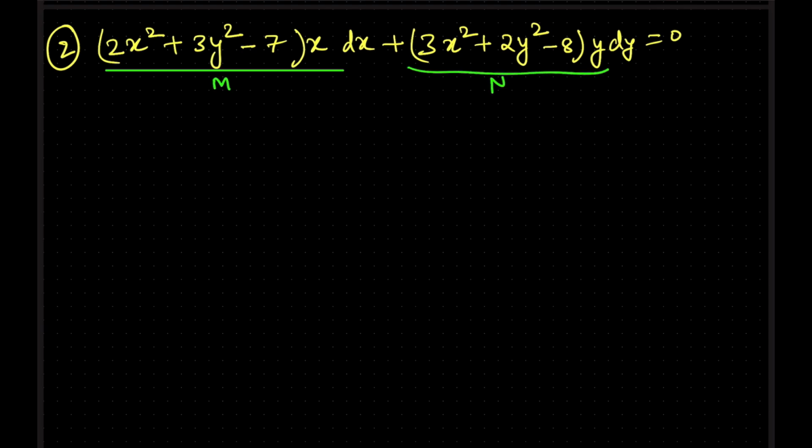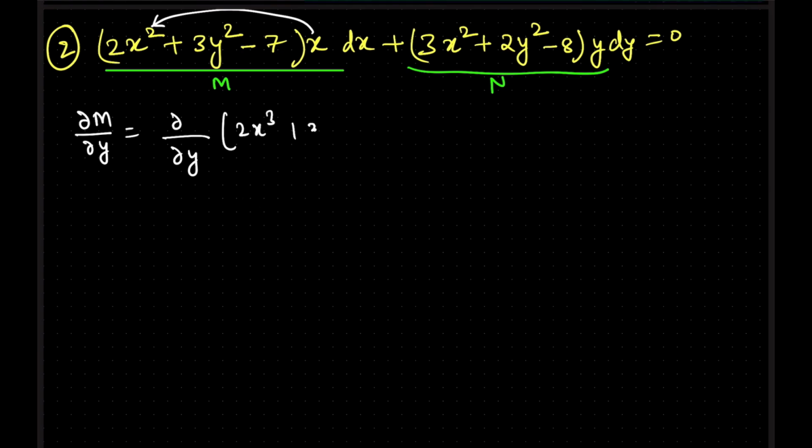So what we will do is first check for exactness. So ∂M/∂y we find first. Let's multiply this x inside this bracket: 2x³ + 3y²x − 7x. When you differentiate with respect to y, this is a partial differentiation, so x is constant.